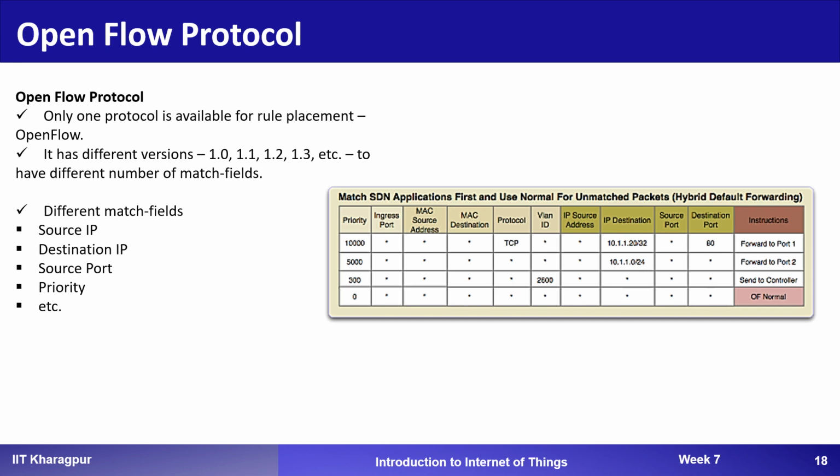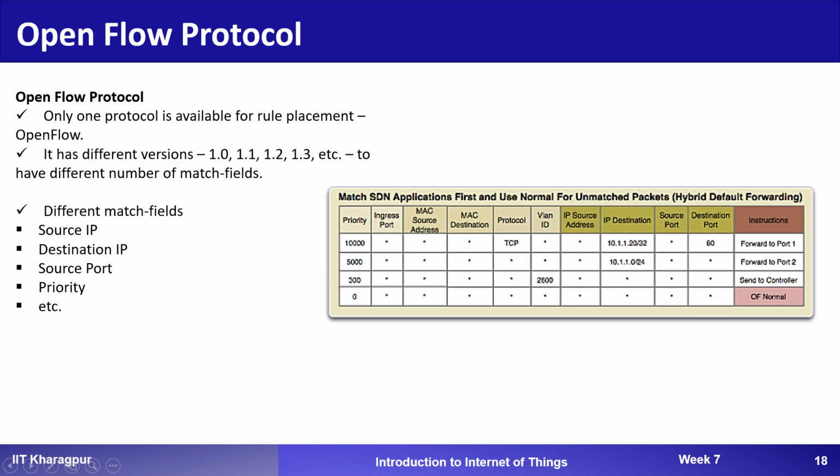Now the OpenFlow protocol. This is the protocol available for rule placement. It has different versions, for example version 1, 1.1, 1.2, 1.3 and others also, and for these different versions of this OpenFlow protocol, different fields are there in your flow table.